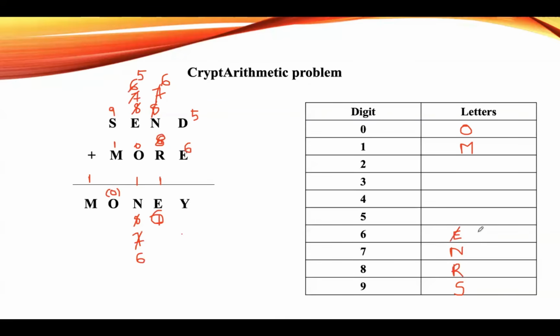So N is 6 now, and 5 is assigned to E. Now we need to take R. This is empty.